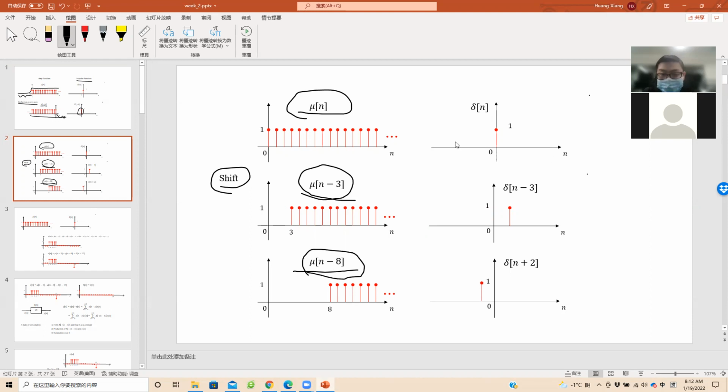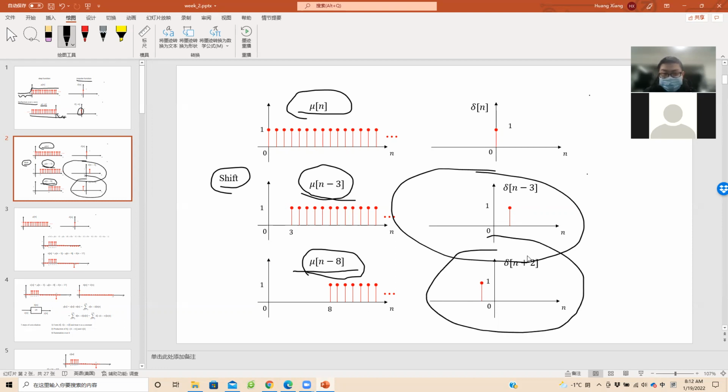This is the same for the impulse function. In this figure, I shifted the impulse function to the right by 3 units. In this figure, I shifted the impulse function to the left by 2 units. So they are the two basic operations: one is the reflection and the second is the shift.